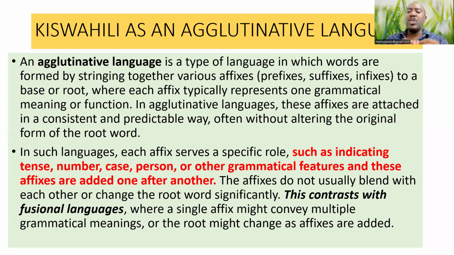The affixes do not usually blend with each other or change the root word significantly. This is the main contrast between agglutinative languages and fusional languages, where a single affix might convey multiple grammatical meanings, or the root might change as affixes are added.